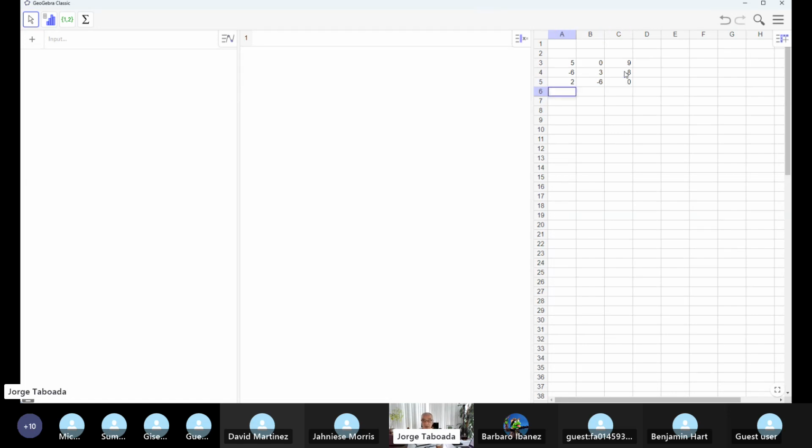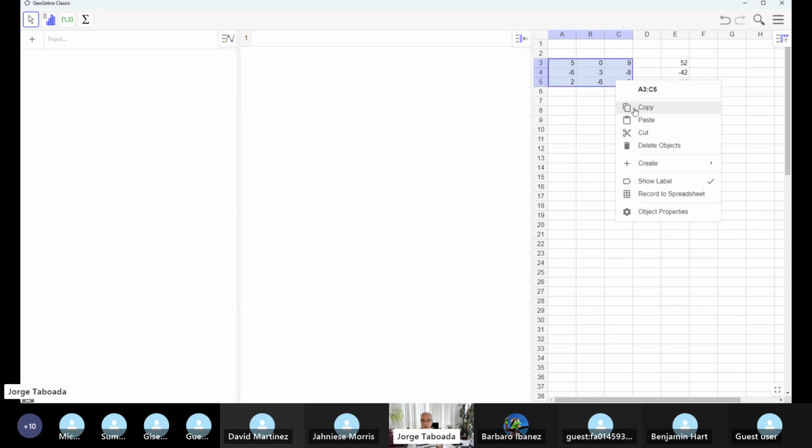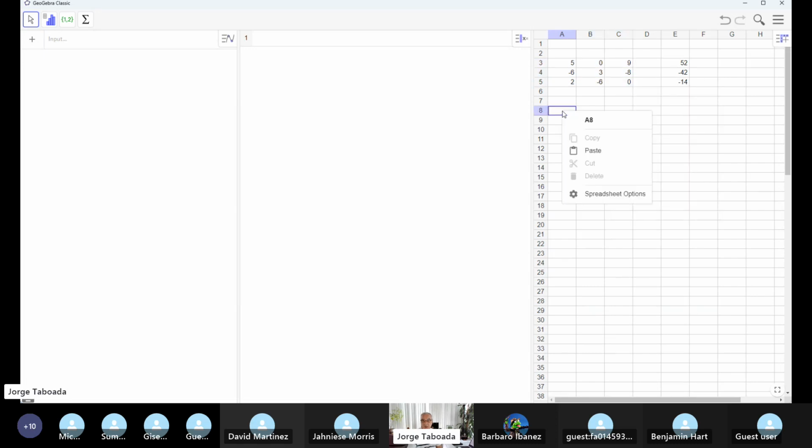This is my array of numbers to determine capital D. Just in case, I copy here one column, and it doesn't matter if it's beside or too far. The right hand side numbers: 52 positive, enter, -42, enter, and -14. To format this, you select this range, copy and paste 4 times.